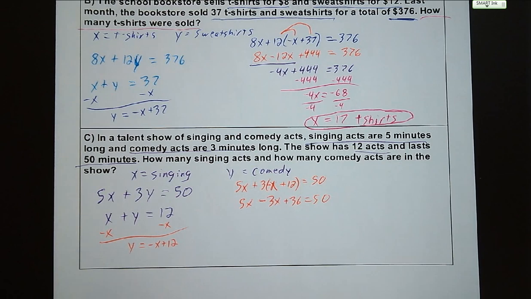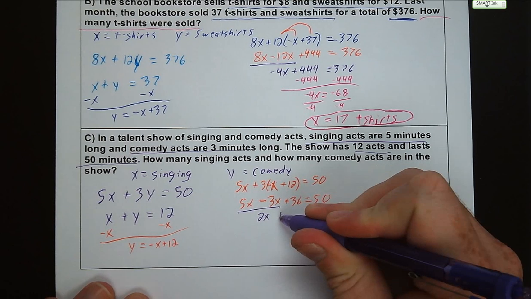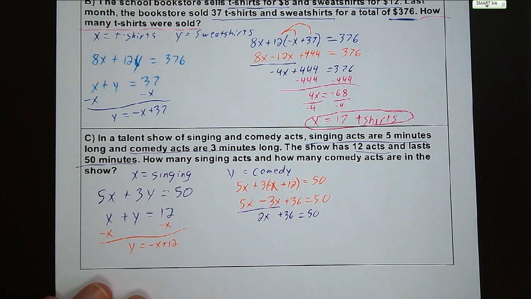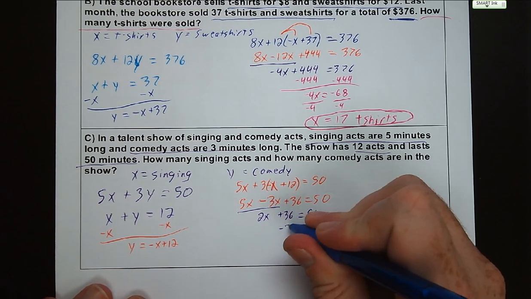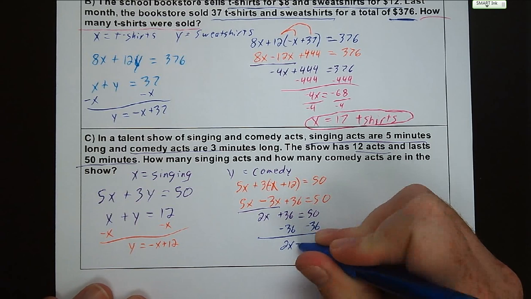Next step, we're going to combine like terms. So 5x minus 3x is 2x, plus 36 equals 50. We're going to subtract 36 from both sides. 2x is equal to 14.